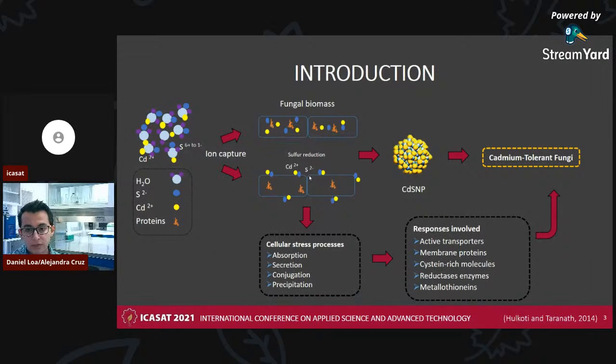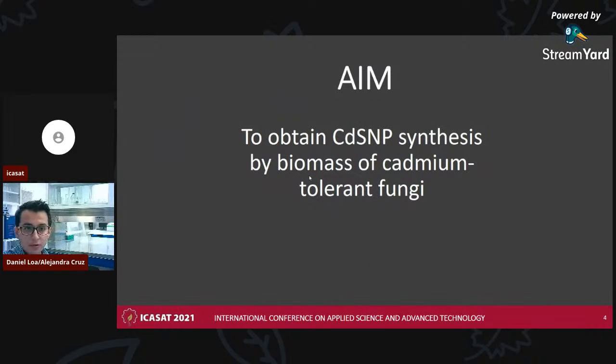Cadmium-tolerant fungi are of interest in this topic because they are involved in cadmium sulfide nanoparticle synthesis, unlike other fungi that are reported to produce nanoparticles when they grow at optimal conditions. Therefore, the aim of the present study was to obtain cadmium sulfide nanoparticle synthesis by biomass of cadmium-tolerant fungi.